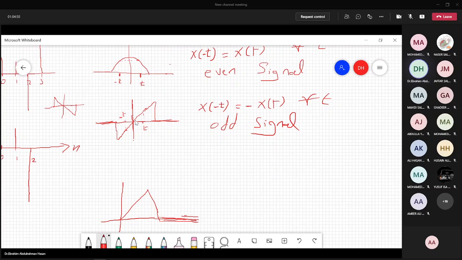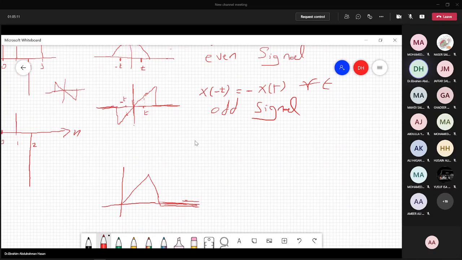If it is odd and you want to find the total area as absolute value, again just calculate here and multiply it by 2. We can deduce things from even and odd.